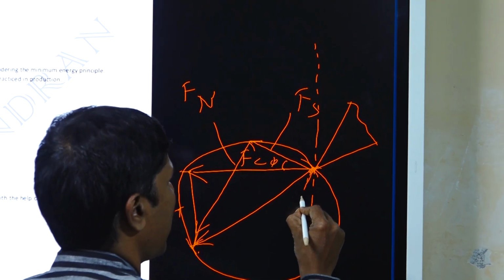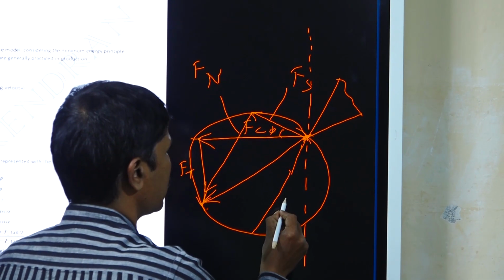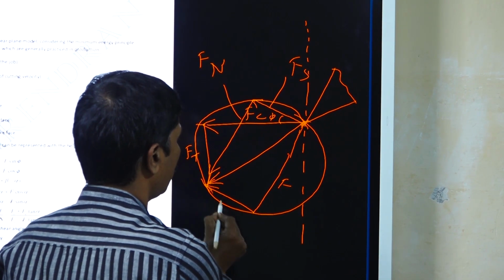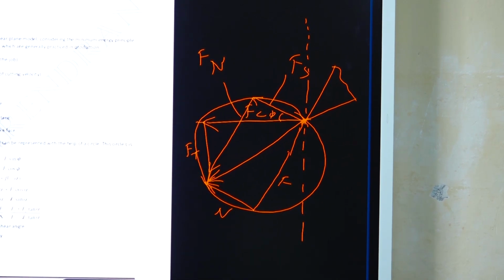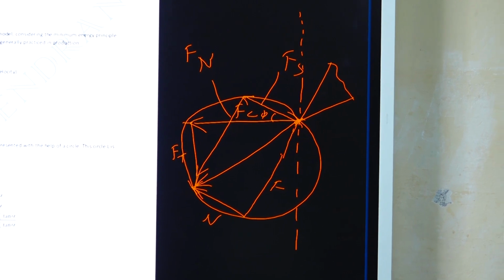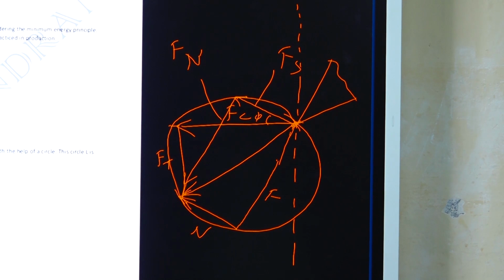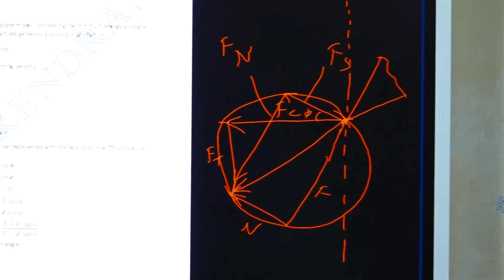So we are projecting this line and meet it here. That is the friction force, and this is the normal to the friction force. So this is the Merchant circle. So all the six forces come inside the Merchant circle.